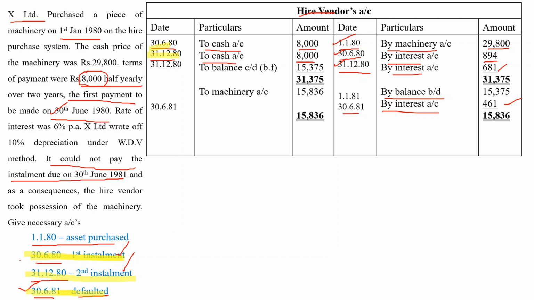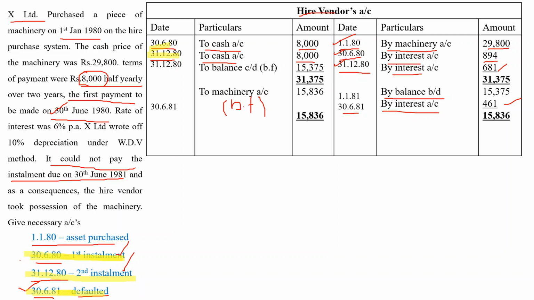But what we are doing, we are calculating the balancing figure. The amount that I have written in the machinery account is nothing but the balancing figure. We are transferring the balancing figure to the machinery account because the machinery is taken back by the hire vendor due to default.